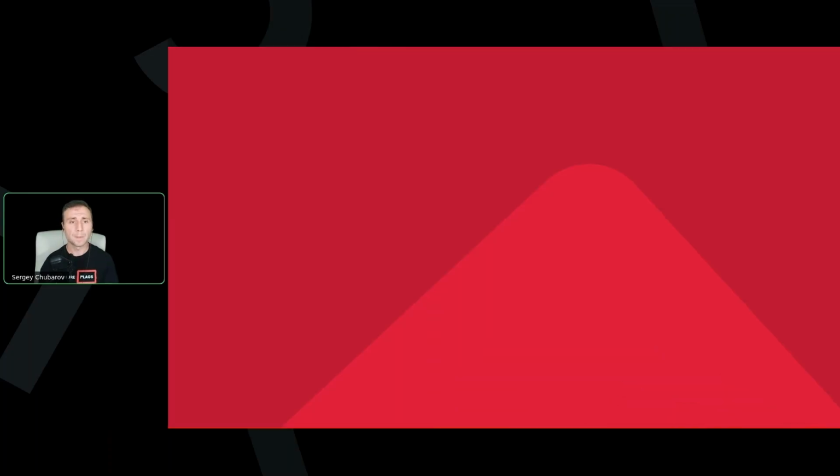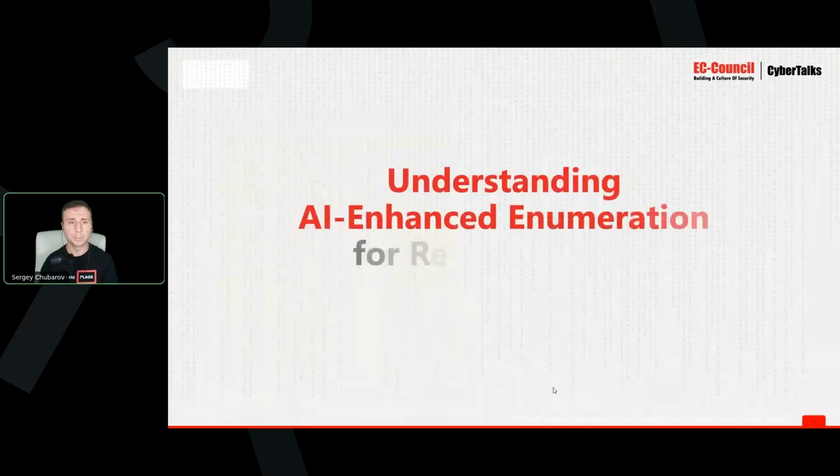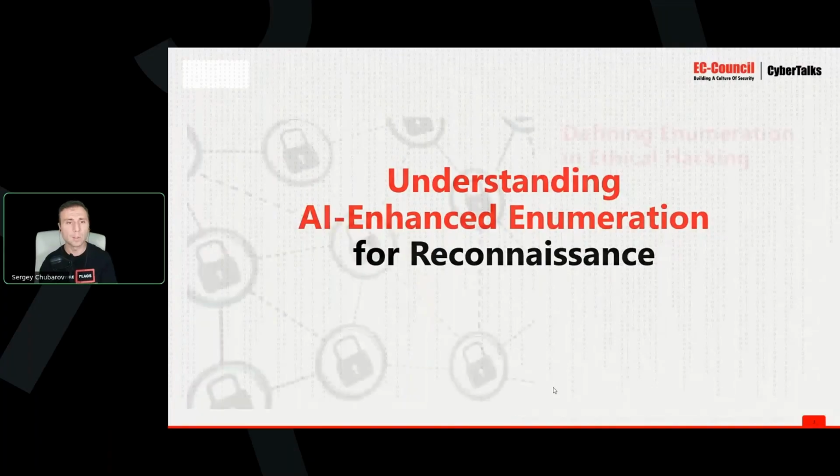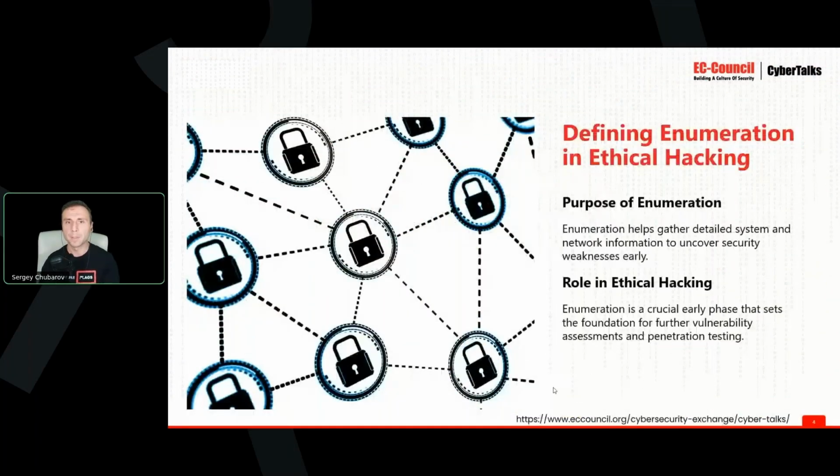So let's first get a quick understanding of what AI-enhanced enumeration for reconnaissance is, and why we can get benefits from AI. If you are here, you probably know what enumeration is, but maybe you're just starting in cybersecurity, maybe it's your first webinar and you haven't heard about enumeration before.